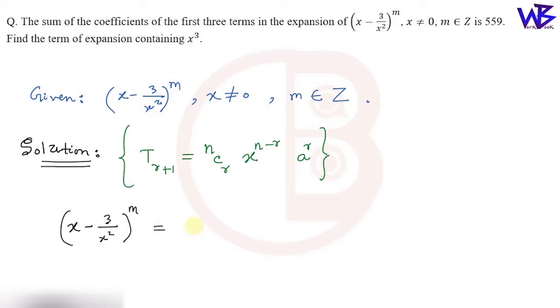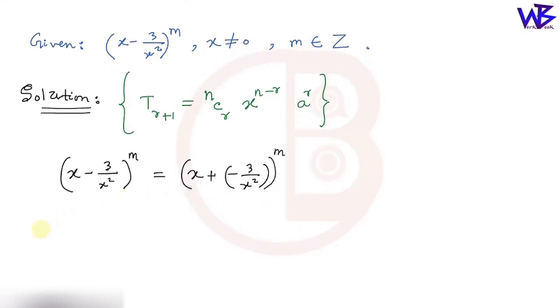So we will convert this to x plus (minus 3 upon x square) whole raised to the power m. Now this is of the form (x plus a) whole raised to the power n. So accordingly, T(r plus 1) for its expansion will be equal to mCr x to the power m minus r into (minus 3 upon x square) whole to the power r.